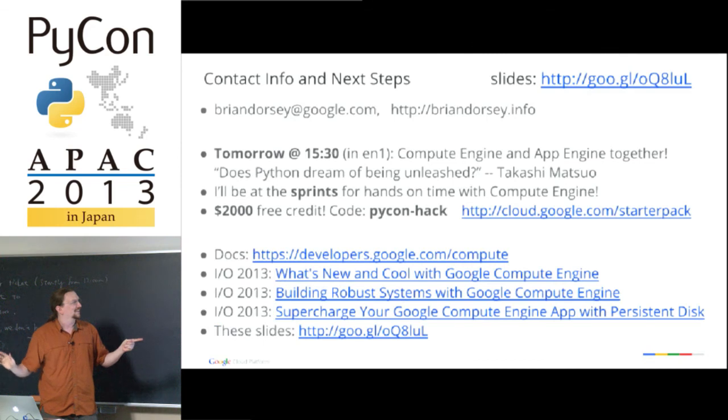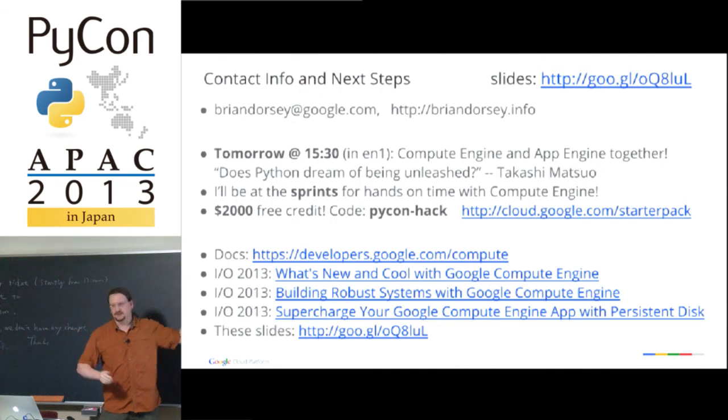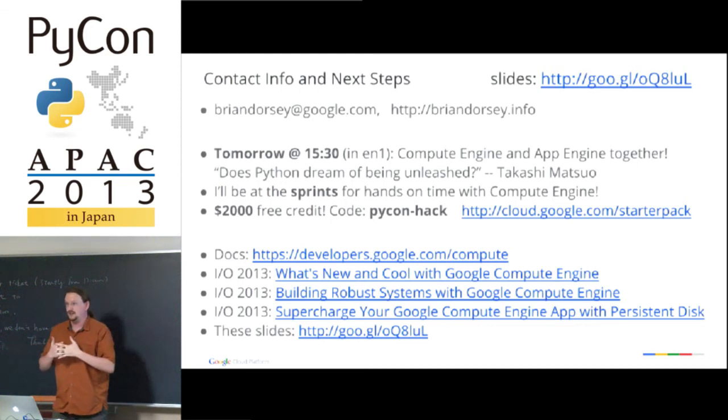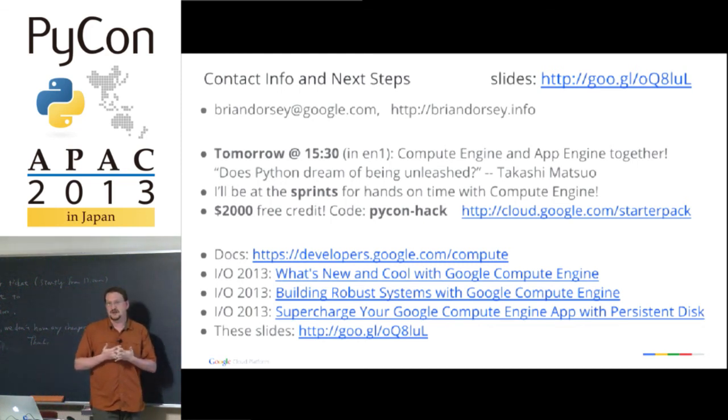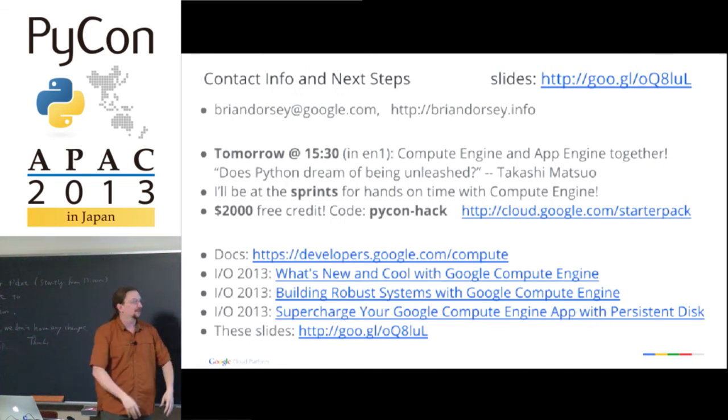Before the Q&A, tomorrow Takashi-san is going to be giving a talk about using Compute Engine and App Engine together, using the new VM-based backends that are Compute Engine inside of App Engine. So you get all of App Engine, but running on Compute Engine.